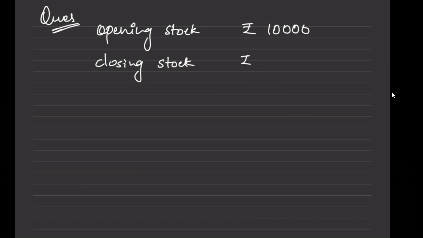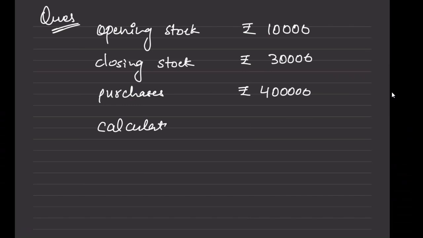You have a closing stock of rupees 30,000. You have purchases of rupees 4 lakhs. You have been asked to calculate the inventory turnover ratio.